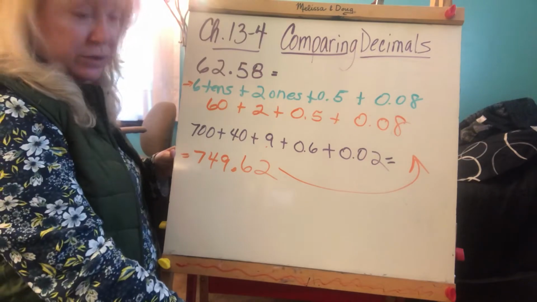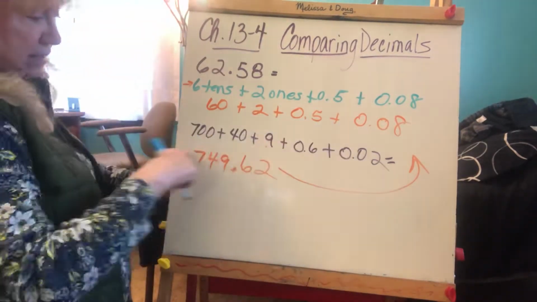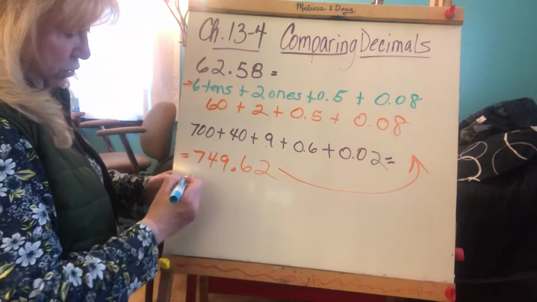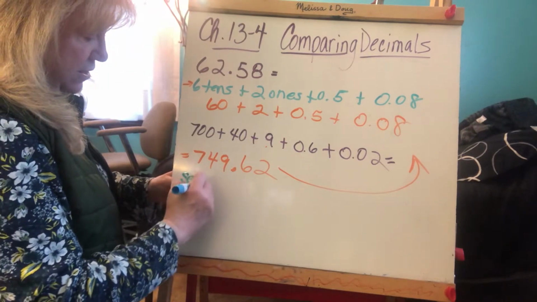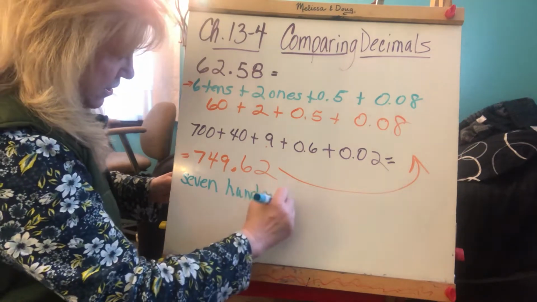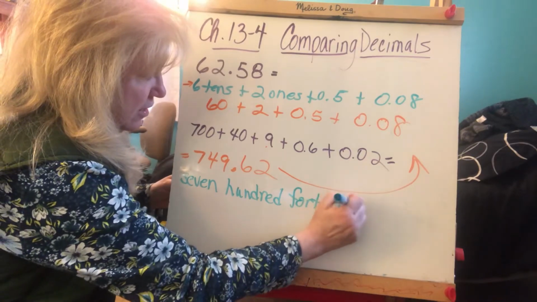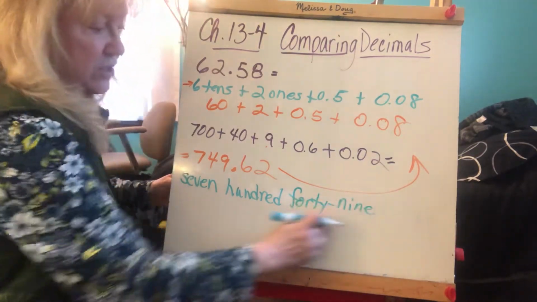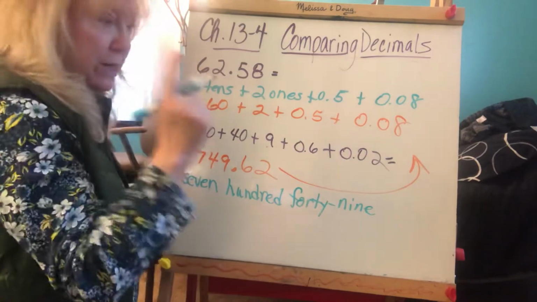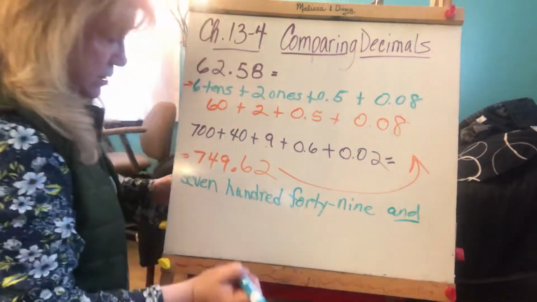We also learned that we could write this in words. Let's take this number in words. We could write 700 forty-nine, with a hyphen in forty-nine because it's a two-word name for one number, and "and" is the decimal point.